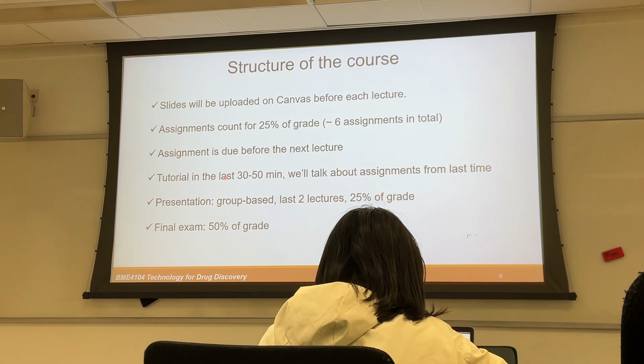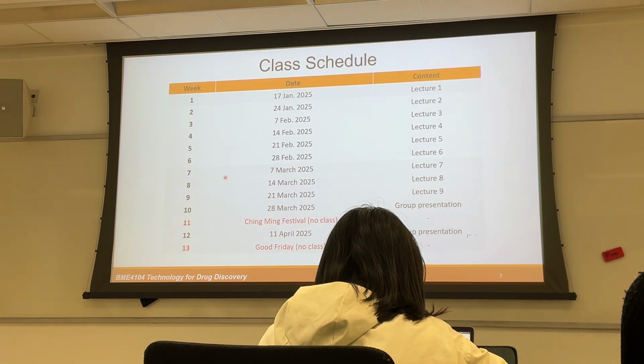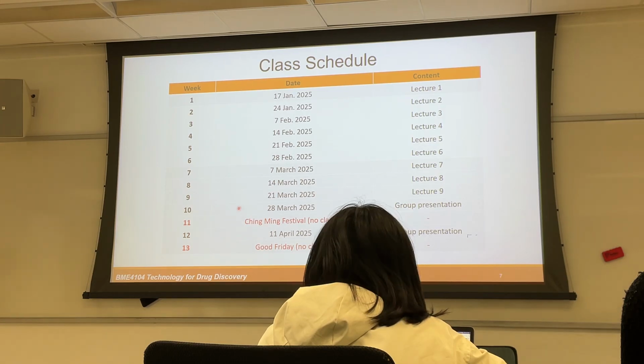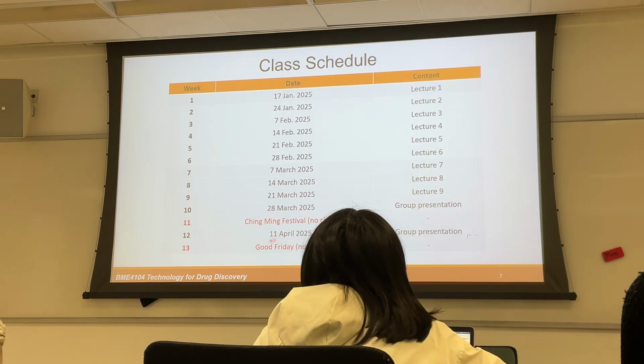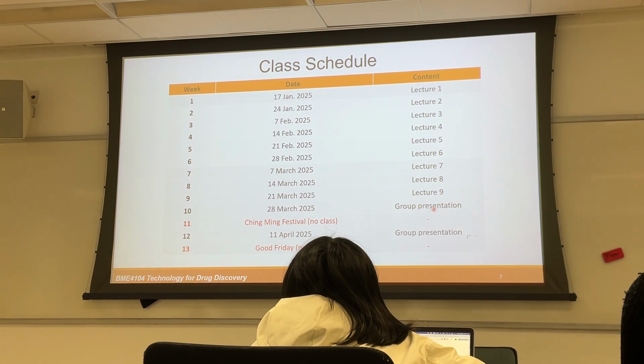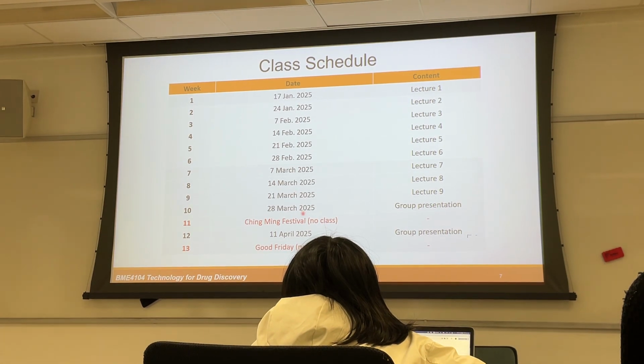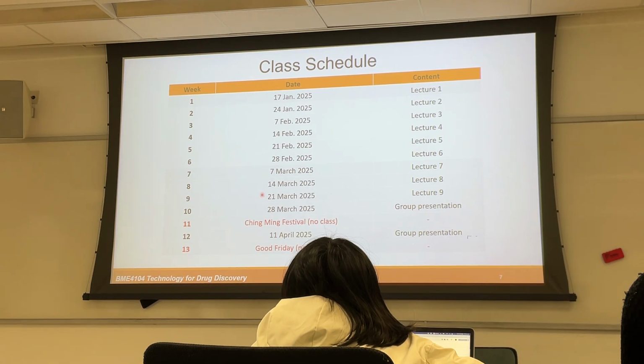Okay, cool. So this is the class schedule. Today will be lecture 1. We have 2 holidays during the semester, so no class on those 2 weeks. And the group presentations will be covered in the last 2 weeks, so week 10 and week 12. I will decide on the format as soon as possible and ask you to form a group soon.